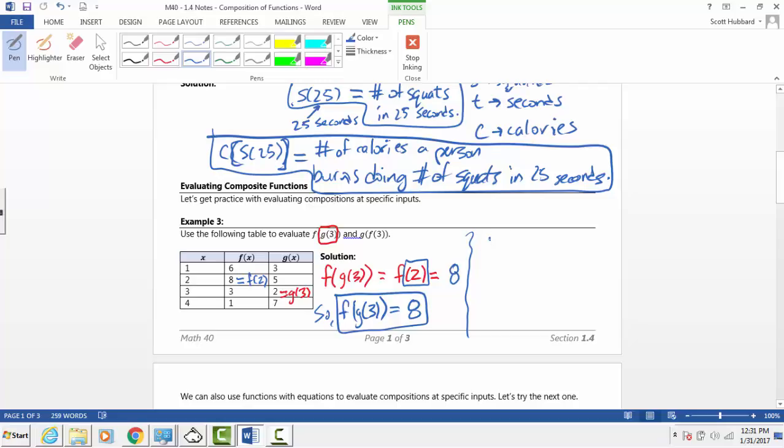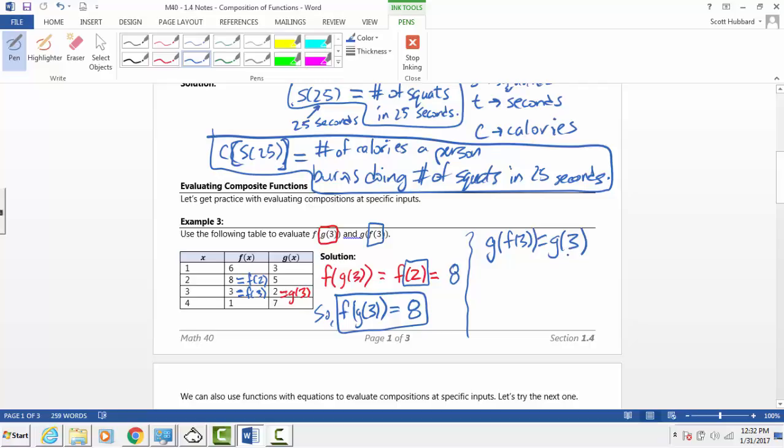And let's do it the other way. Let's do g of f of 3. Okay, so again, find f of 3 first. Remember, 3 is the input, so 3 is right here. And so I go find f of 3, which is right here. F of 3 is 3. Okay, so this is asking me to find g of f of 3, so I know that's g of 3.